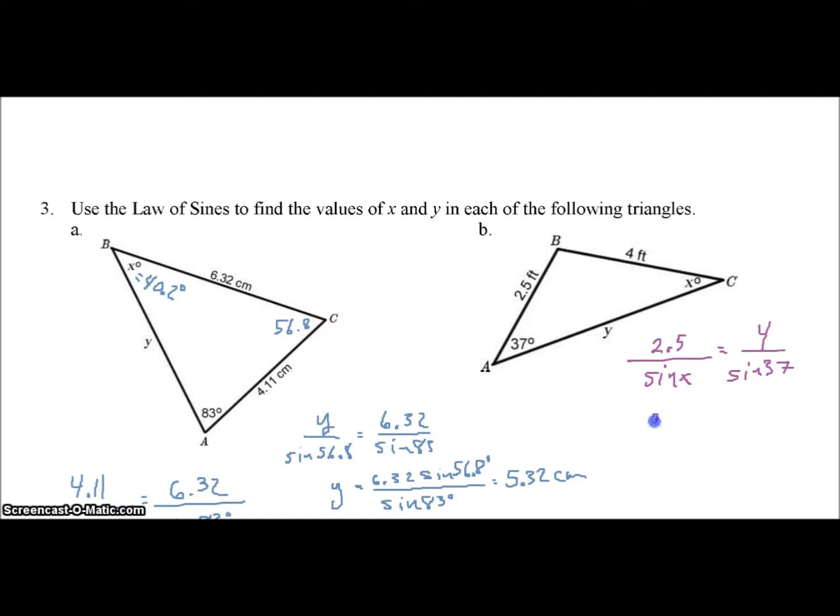That means that 2.5 over 4 sine of 37 equals sine of x. So if we take the inverse sine of all this, we'll get x. You might need to work that out on paper if it's not clear. Okay, I got x is 22 degrees.